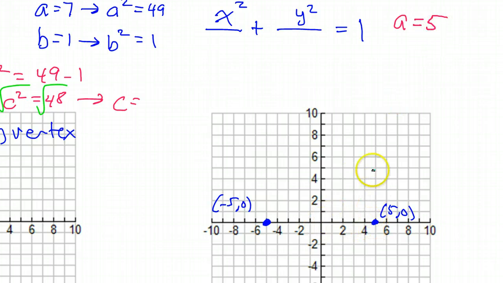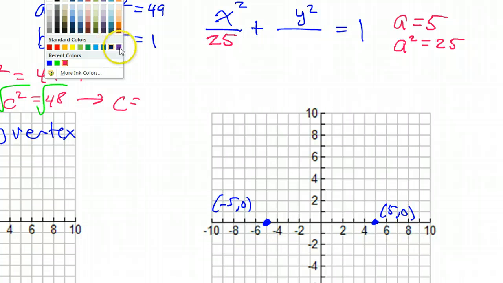This was called a vertex, so that means it's definitely the long way, so I'm going to call it a. But if a is 5, that means a squared is 25. Now, this vertex is in the x direction, all right, it's horizontal. So this 25 will go underneath the x.